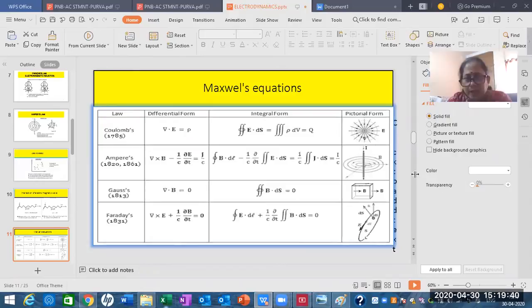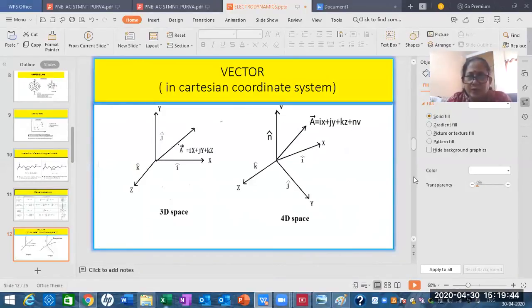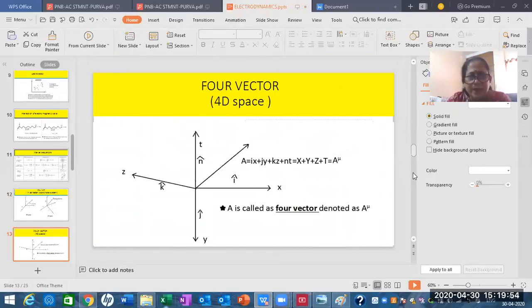That was the slide. Next I came to the Cartesian and 4 vector formalism. 3D space requires 3 vectors, 4D space requires 4 vectors. Then I came to the slide which introduces a new word, 4 vector. The 4 vector was introduced for the first time by Minkowski, so this space is also called 4 vector space, 4D space, or Minkowski space.